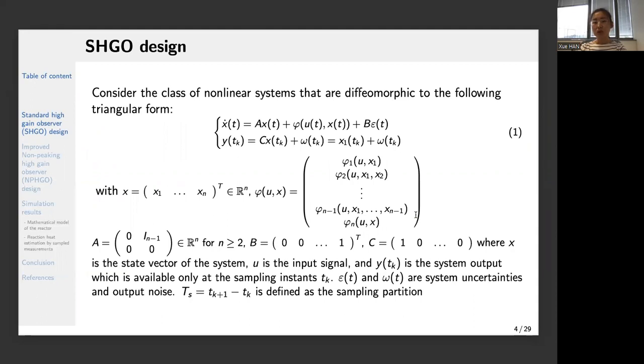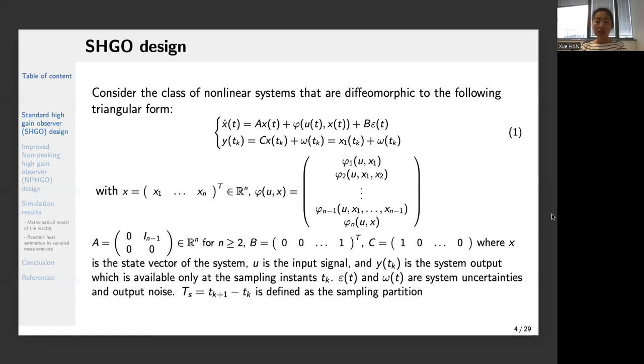First of all, we consider a class of general nonlinear systems with the following triangular form. Here x is the state vector, phi is the nonlinear function, and the matrices A, B, C have the form presented here.